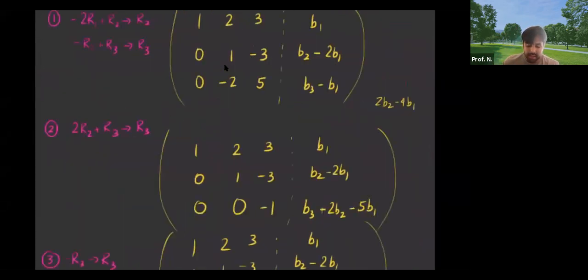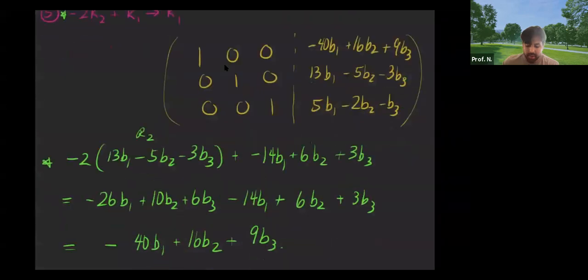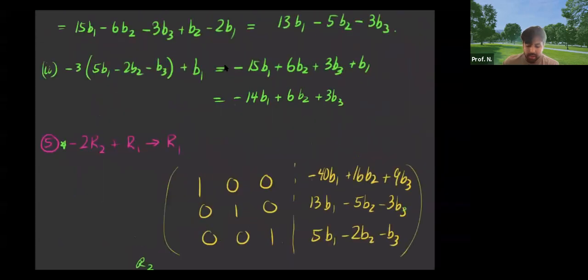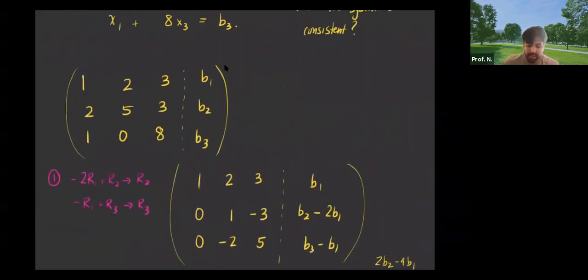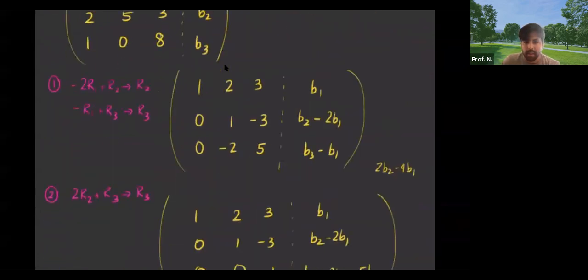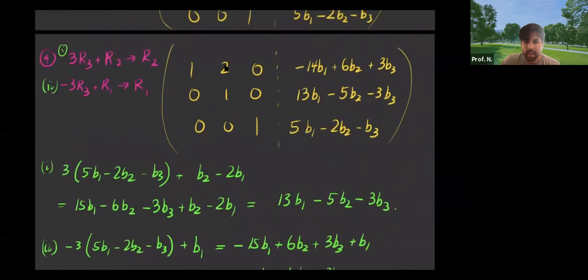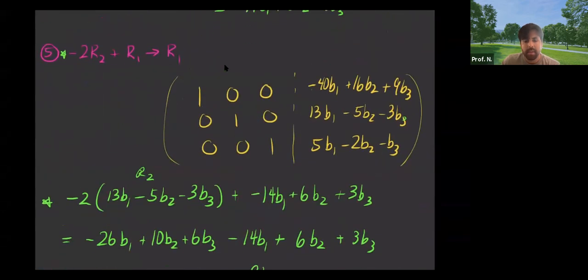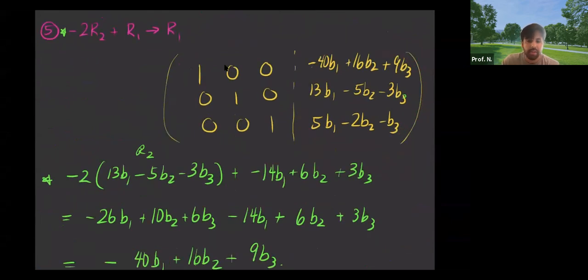Okay, now this system here is a bit different. Why is it different? Because the matrix that we started with was invertible to begin with. When we do this, the identity appears. And then we have this expression for the solution, right?